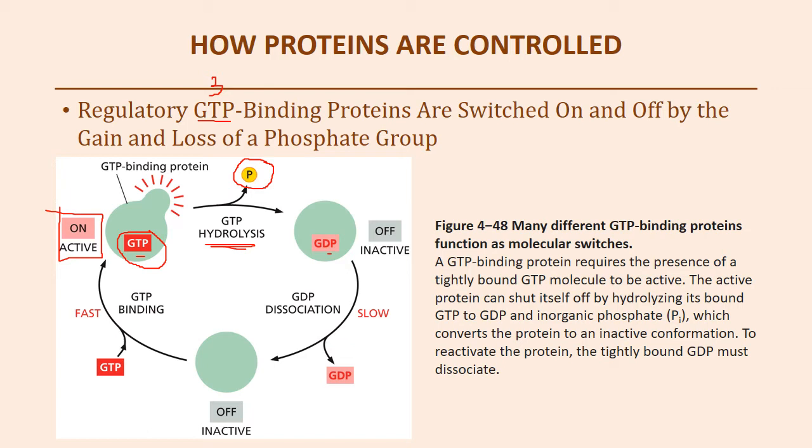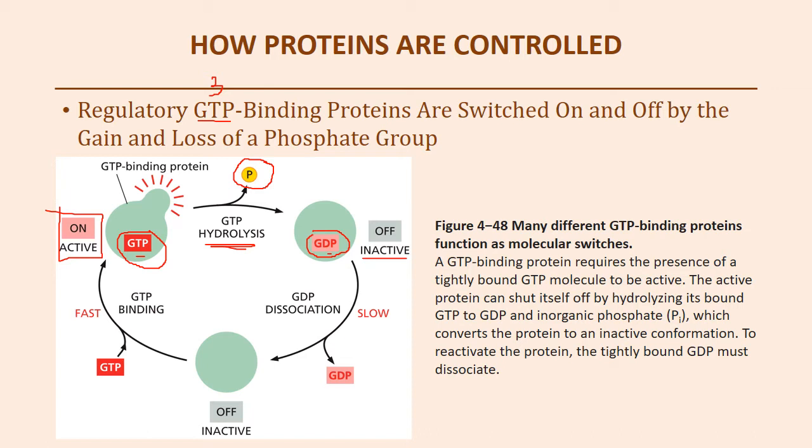And remember, when it's pulling itself apart, it's releasing one of its phosphates, and the GTP is then converted into GDP, and this will cause the enzyme to turn off and become inactive. It will stay in its shut-off formation until the GDP molecule is dissociated.